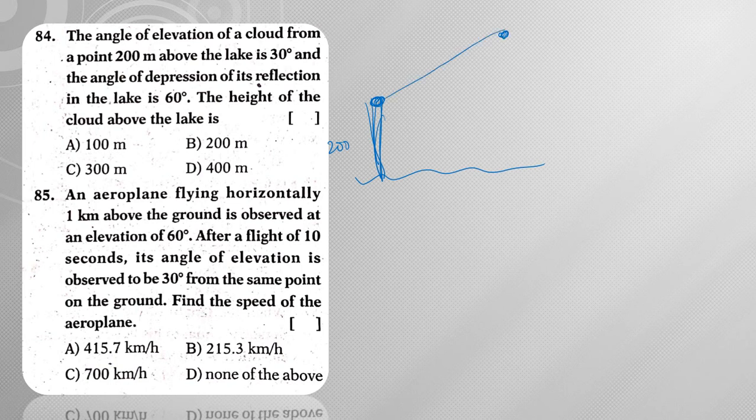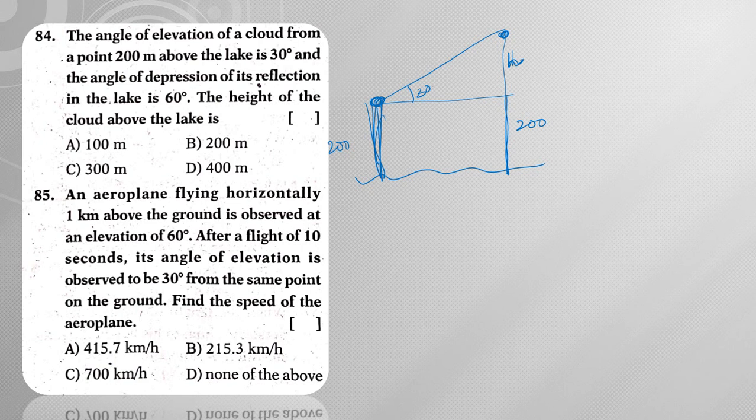So this is my cloud, and this cloud is making an angle of elevation of 30 degrees. So this is 30 degrees, and suppose this is 200, because this height will be equal to this height, and suppose this particular part's height is h.